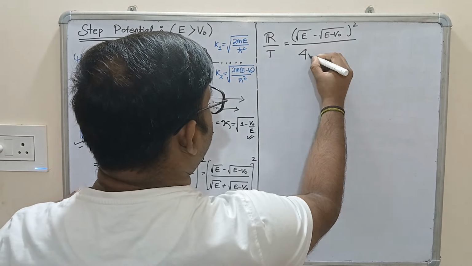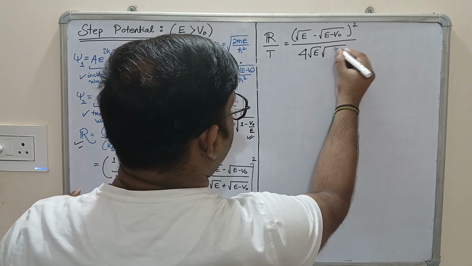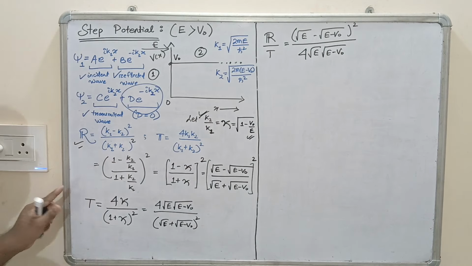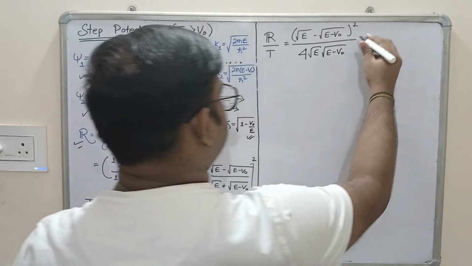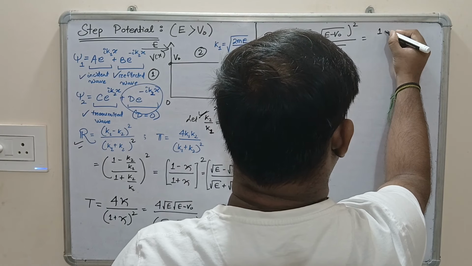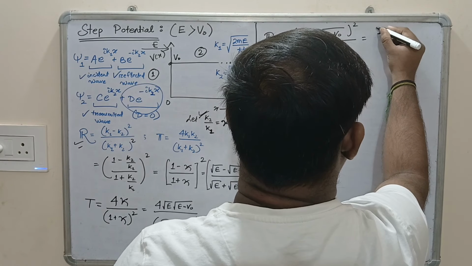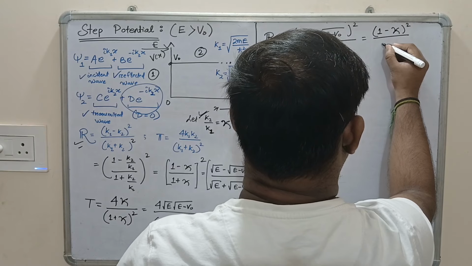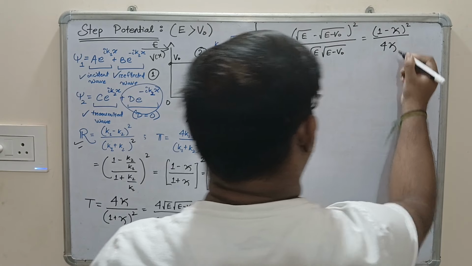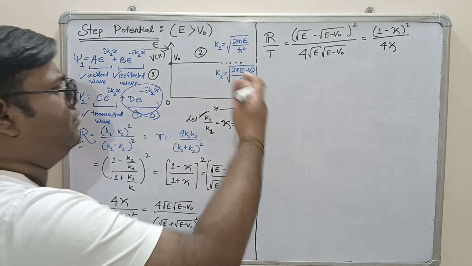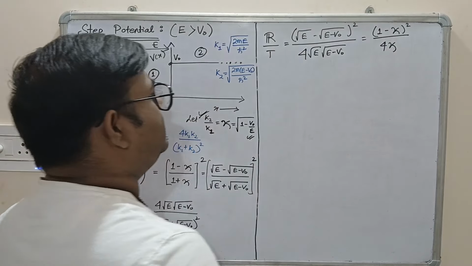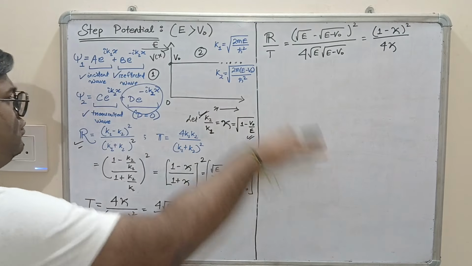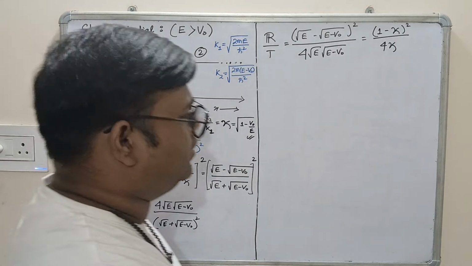It's divided by 4 root over of E minus V naught, which is basically equal to 1 minus chi whole square divided by 4 chi. This kind of question they also ask in exams. So this is the last video which we discussed.